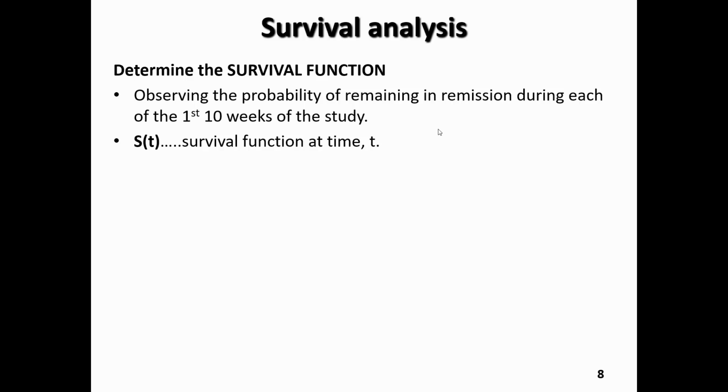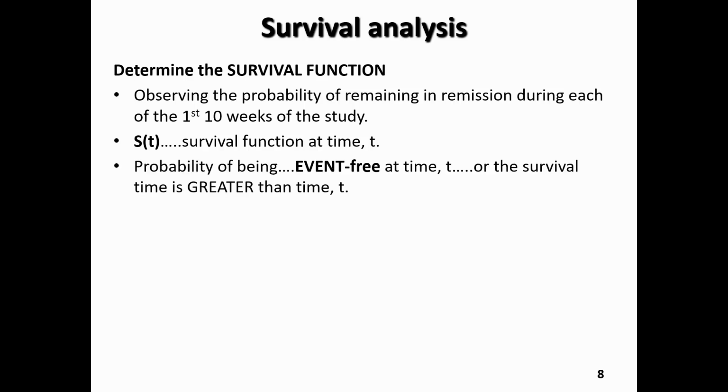What the survival function attempts to do here is to examine the probability of, in this example, patients remaining in remission during each of the first 10 weeks of the study. Now, the probability of being event-free at time t, or the survival time, is greater than time t.